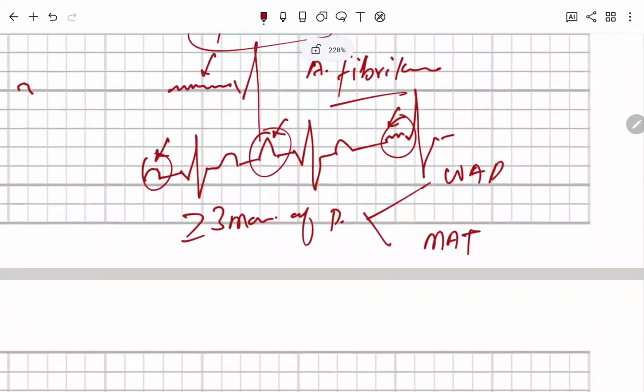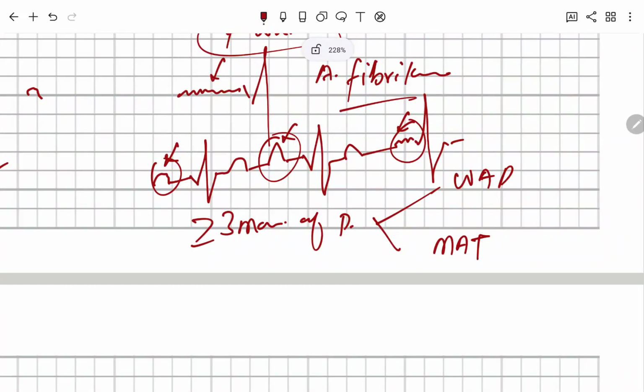How are we going to differentiate between these two? We need to check the rate in these patients. If the rate is less than 100 beats per minute, and along with that we have more than 3 morphologies of P waves, we're going to call it wandering atrial pacemaker.